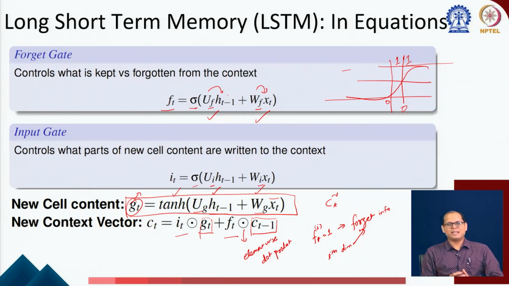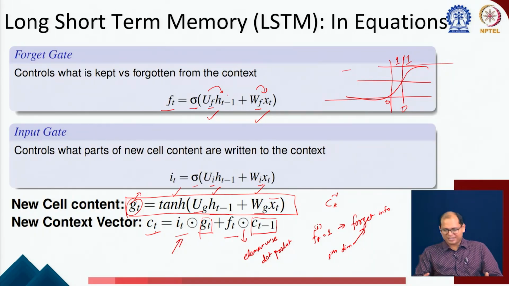So, FT may have values that are 1, 0 and also in between in various dimensions. Similarly, for IT, if IT is 1, that means you would use the information from the cell state. If IT is 0, you will not use the new cell content at all to get your new cell state.